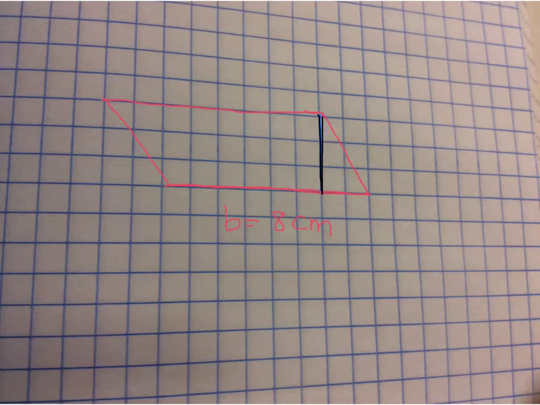Okay? Remember, the top and the bottom have the same length. Okay? Top and bottom are 8. I know that my height is 3, and I made it inside, and then I connected my corners together.